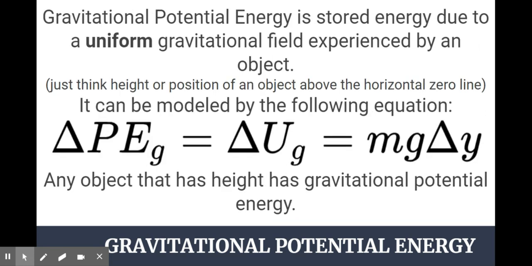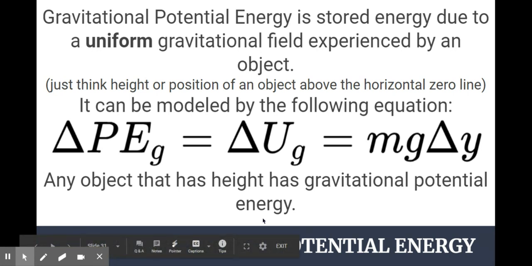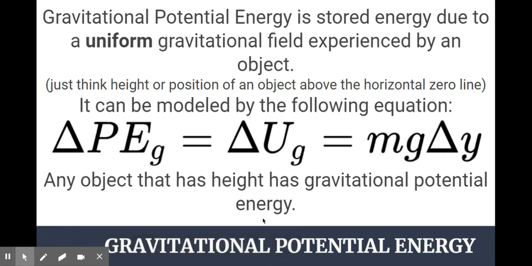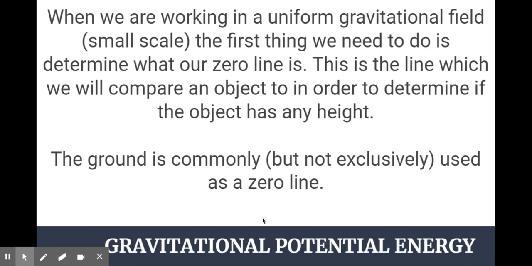So first, we're going to look at a uniformly distributed gravitational field. Gravitational potential energy is stored energy due to a uniform gravitational field experienced by an object. If the gravitational field is uniform, this will be our equation. Any mass that has height will have gravitational potential energy every time. Now, here's the thing. Height above what?